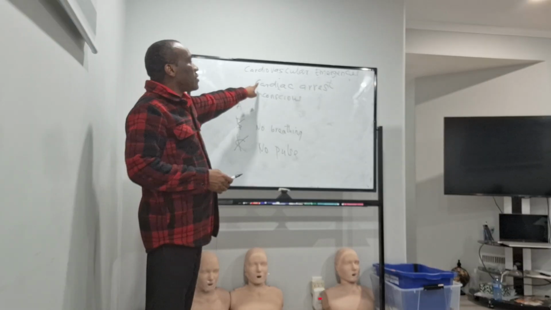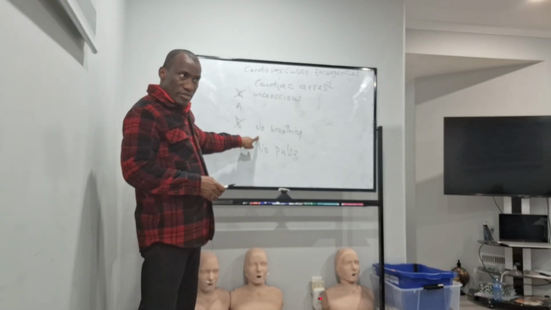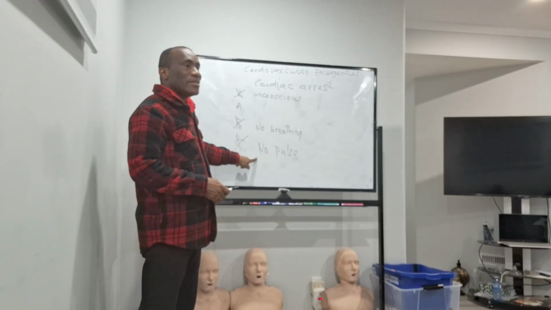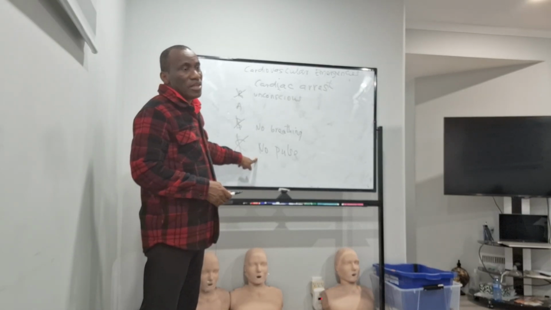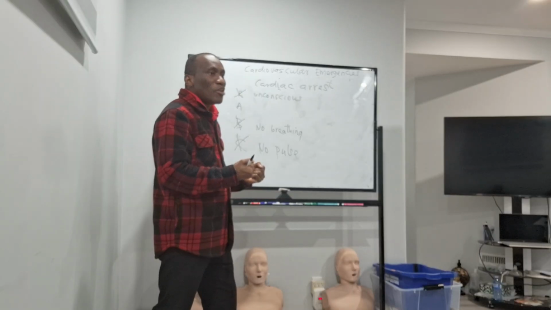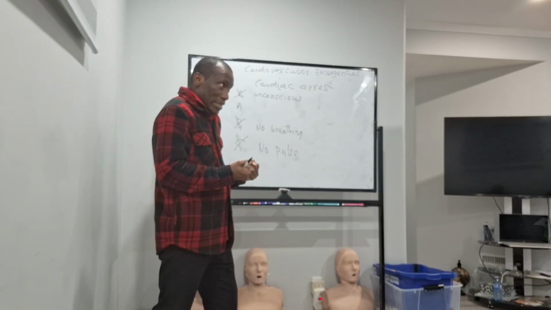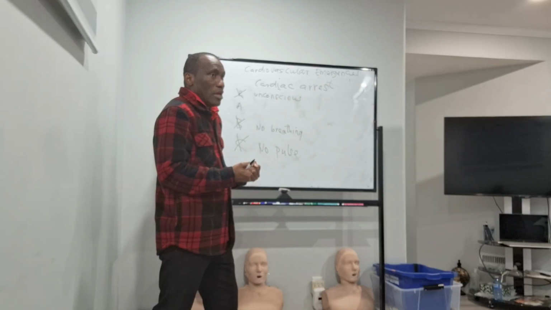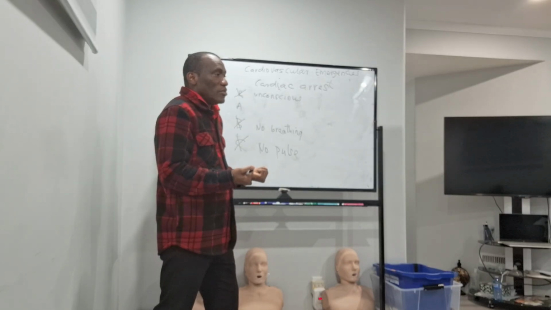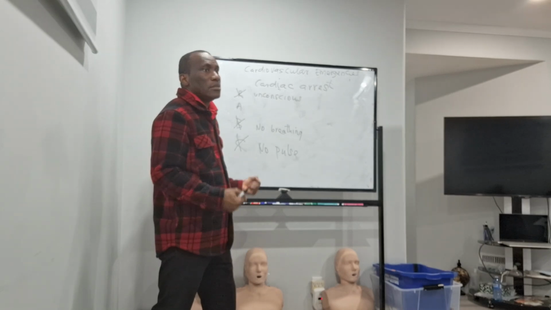So a person who has cardiac arrest is unconscious, is not breathing, and there is no pulse, no circulation, because that pump is not moving. Without the pump, the blood will not be pushed. So that's why everything is stagnant. And of course, when the blood is not moving around, that is dead.